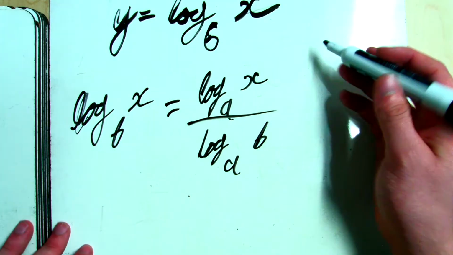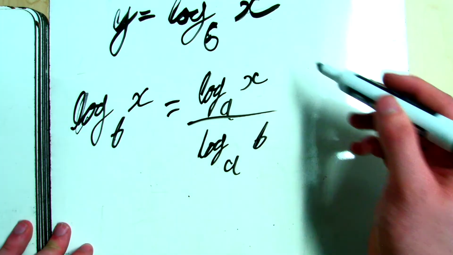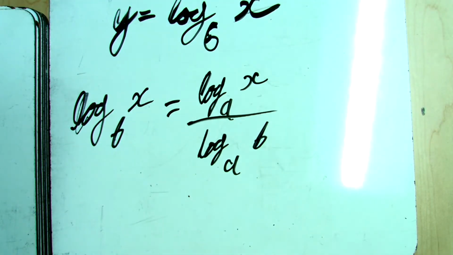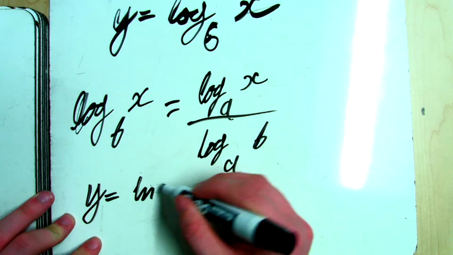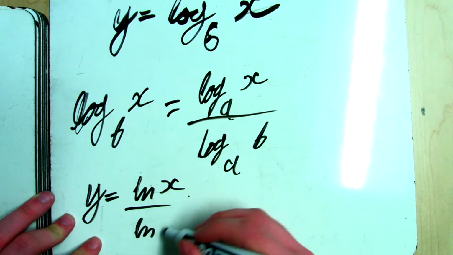So in this case, a will equal e, so that we'll have y equals the natural log of x over the natural log of b.